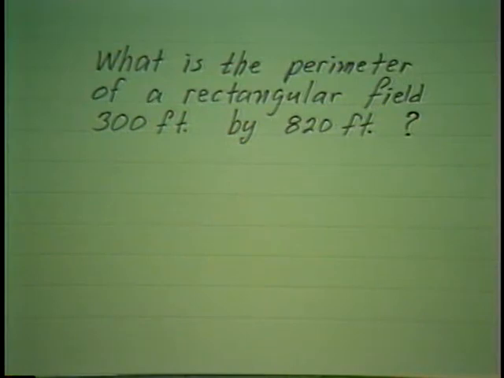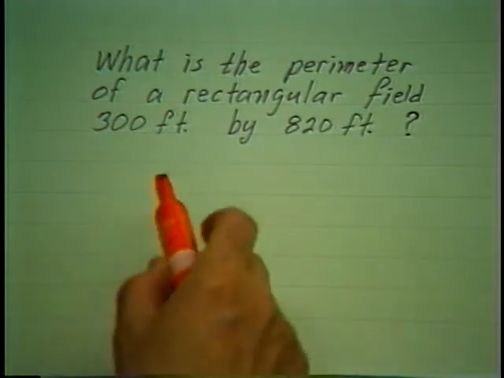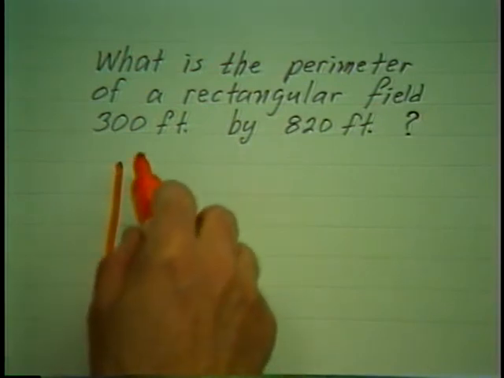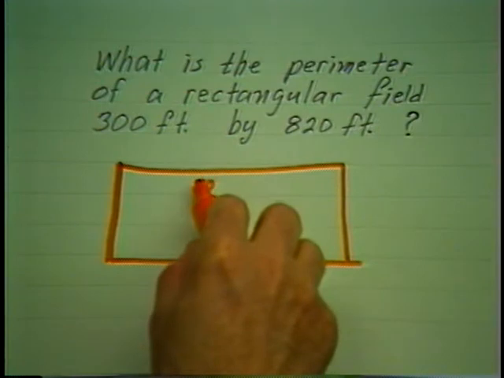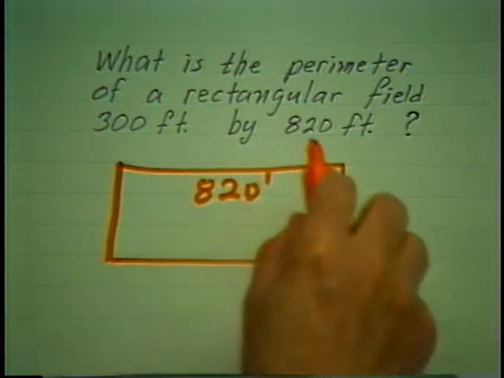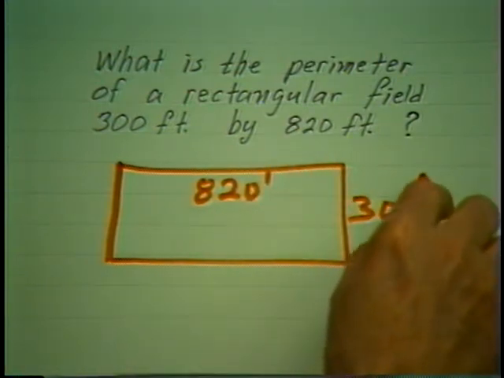A few simple problems, but we want to use this as a vehicle to move you into a comfortable feel with formulas. What is the perimeter around a rectangular field? We have a field, rectangular. It's 820 feet by 300 feet.